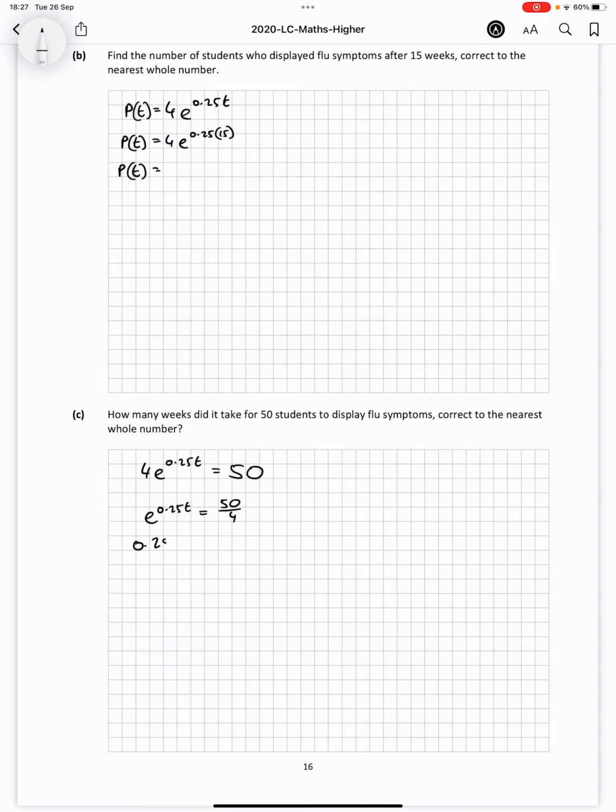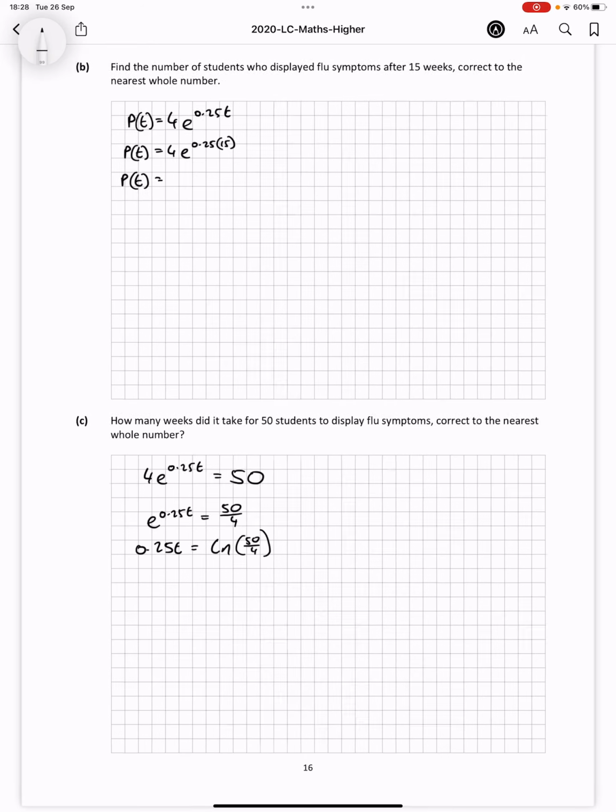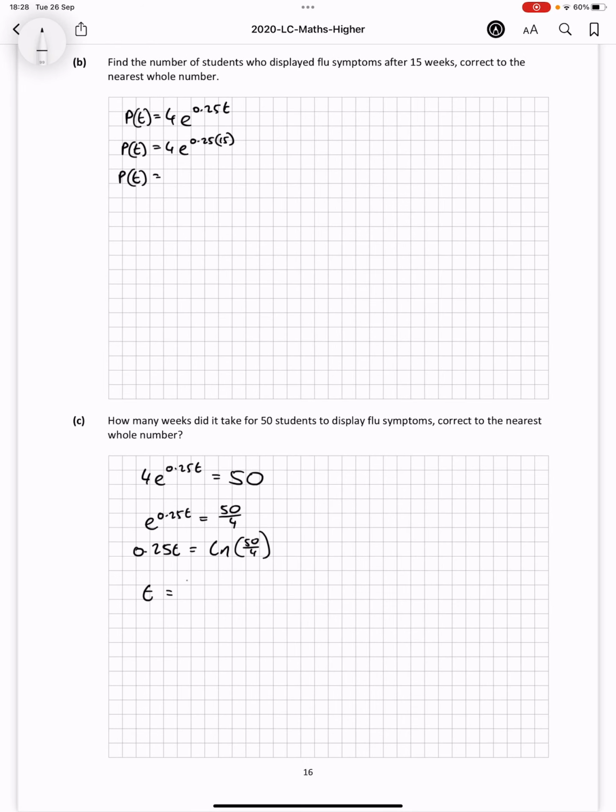So 0.25t is equal to ln of 50 over 4. So t is equal to ln of 50 over 4, that's a 50 by the way, over 4, so that's log base e of 50 over 4 divided by 0.25. Okay, and that's that. That'll tell you, correct to the nearest whole number, so that's fine. You'll be able to figure that out yourselves.